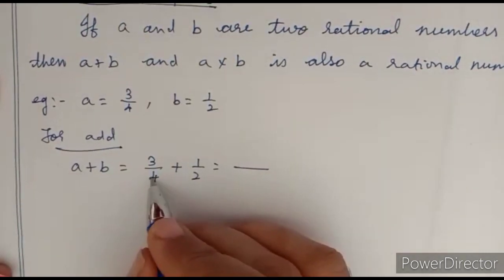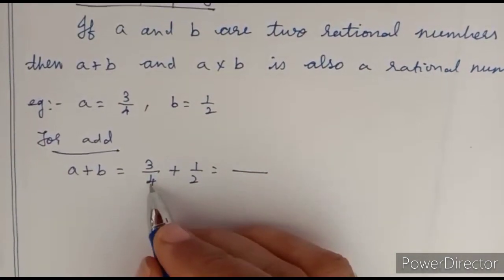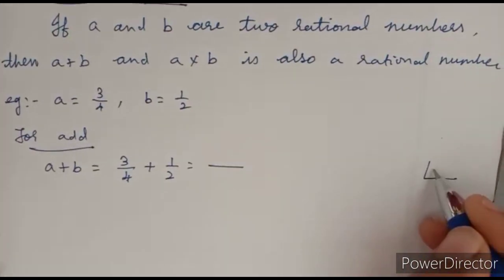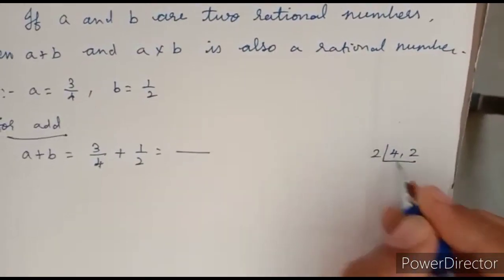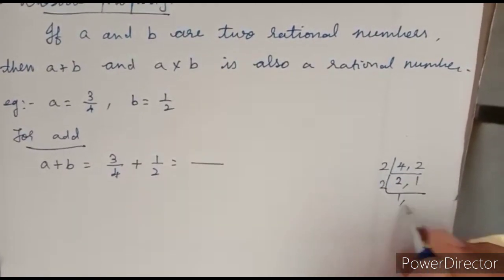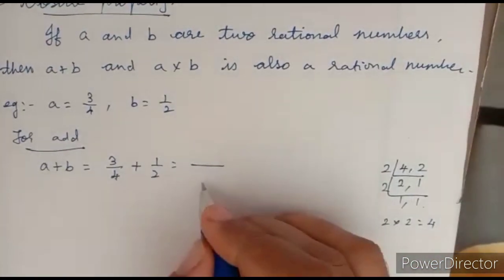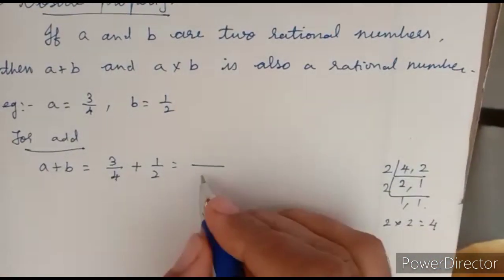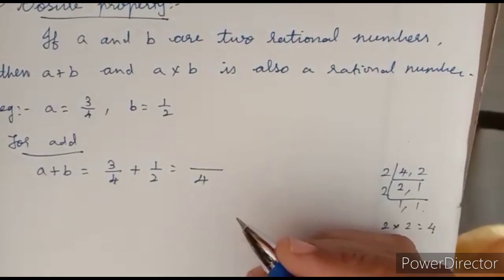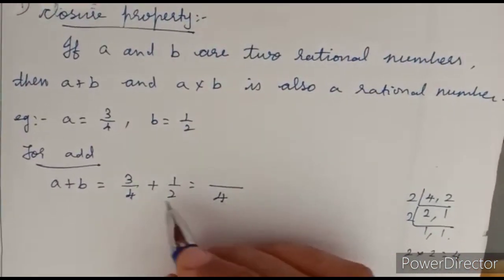Here you have to take the LCM, that is for 4 and 2, LCM is 4. You have to take the common denominator. The common denominator is 4. Now see how many times 4 is divisible by 4.